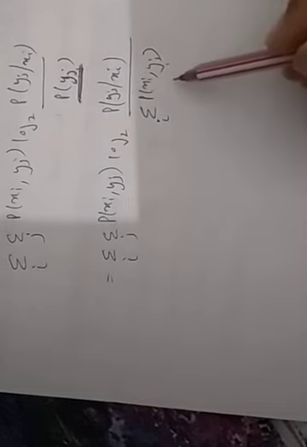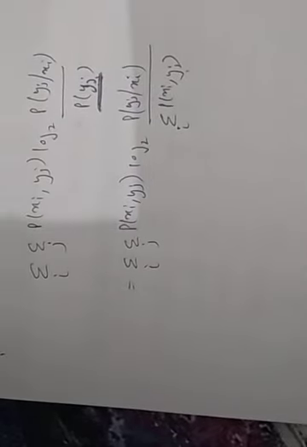I am changing the values of x, but the y value is constant, y1, y2. So the values of x will change, that means the column will change. This means the sum of one column of the joint probability is there, and this is equal to the output probability. If you see the numericals that we studied in the last 2-3 lectures, you will be able to find that we can write p(yj), that is the output probability, like this in joint probability form.